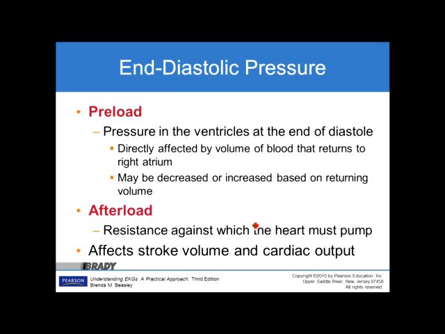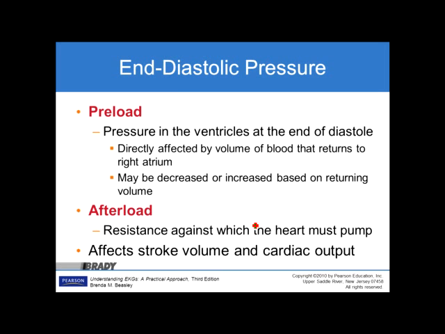Preload, or end-diastolic pressure, is the pressure in the ventricles at the end of diastole, at the end of the relaxation phase, directly affected by the volume of blood that returns to the right atrium. This is also why whenever we give somebody a fluid bolus, we do it on the venous side.